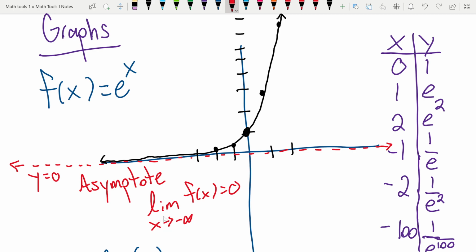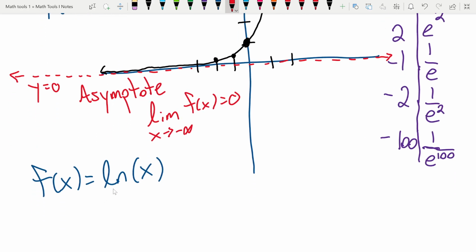So I think it's better to save it for when we actually talk about what limits are. But yeah, this does have a name, which is asymptote. And we saw this on the rational function graphs as well. Rational functions can have both vertical and horizontal asymptotes.